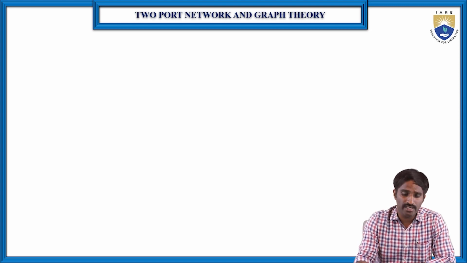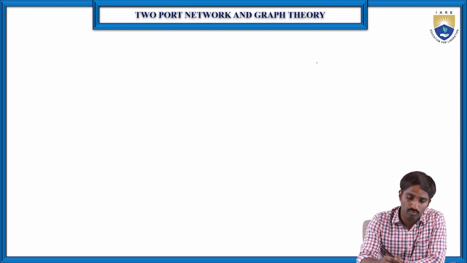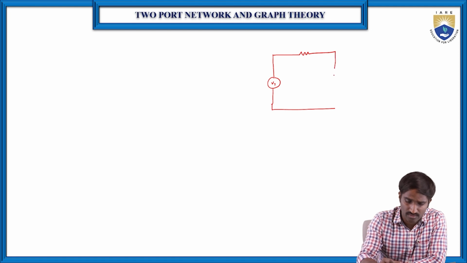To find B and D, now we need to make the output port a short circuit. So for that, again, let me draw here. This is 1.5, and here there is a voltage source that we consider as V1, and then there is a dependent voltage source, which is 10 to the power of minus 3 into V2.